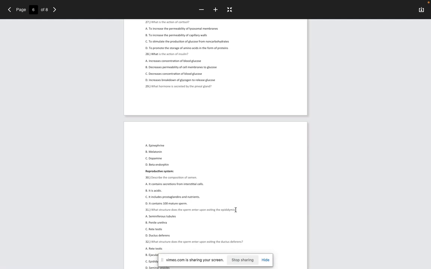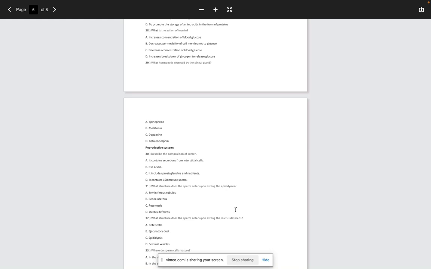Does everybody know that mnemonic? What structure does the sperm enter upon exiting the ductus deferens? So where's it going after the vas deferens? Ejaculatory duct, right? B.